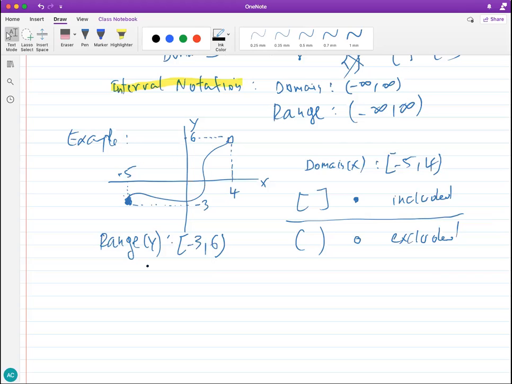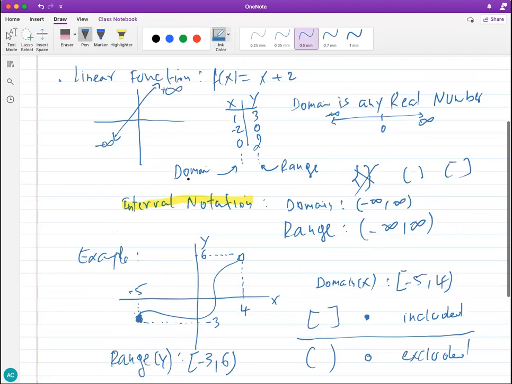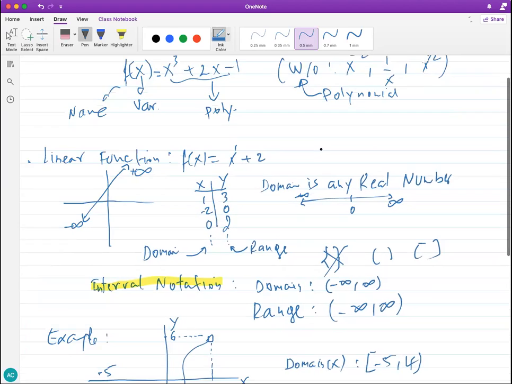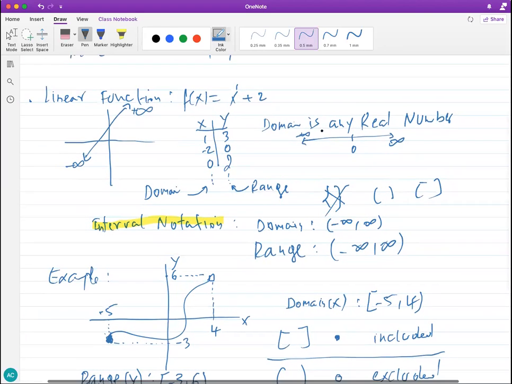But this is just a random graph that I made up. It doesn't have a specific function. Maybe it does, but I did not think of a function to do it. But with visual functions like linear and quadratic, each one has its own domain and range.